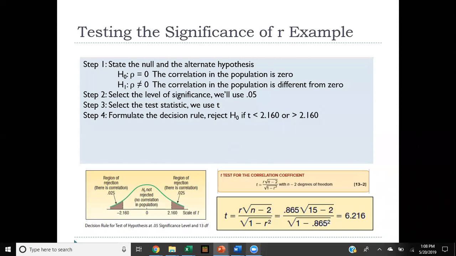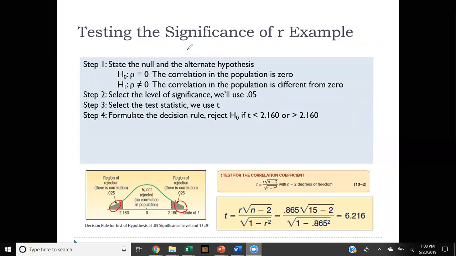Our decision rule is that we will reject the null hypothesis if our t falls either below negative 2.16 or above 2.16.